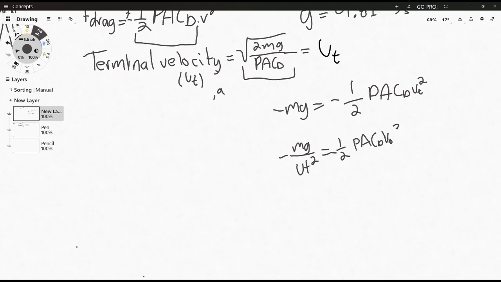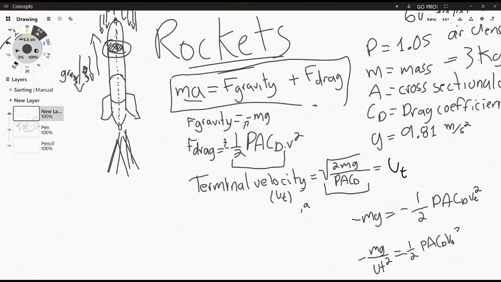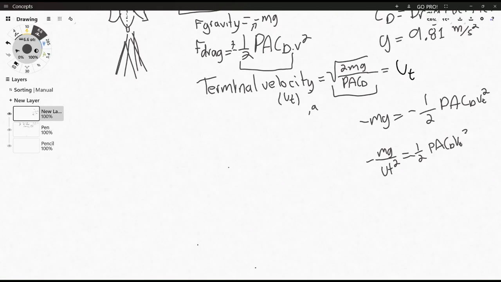Now I'm going to substitute everything into this equation, right? So now I have M times A, acceleration, which I'm going to write as dv over dt, because acceleration is just the derivative of velocity with respect to time. And then we have negative mg minus, and we're going to use this term, so it's going to be minus mg over VT squared.